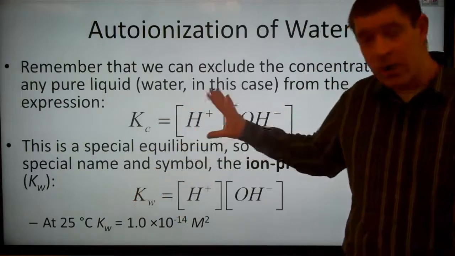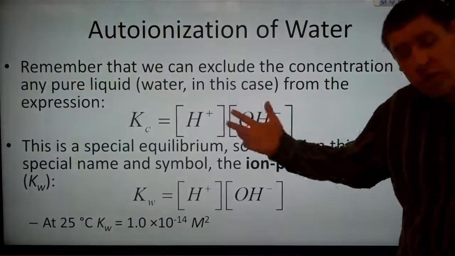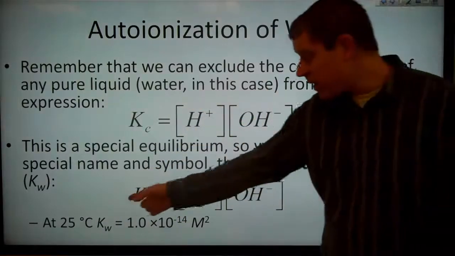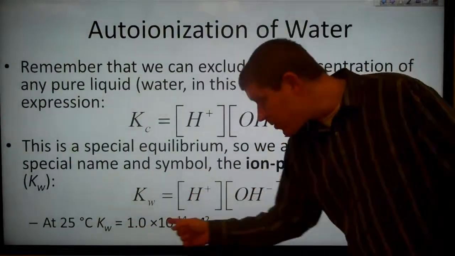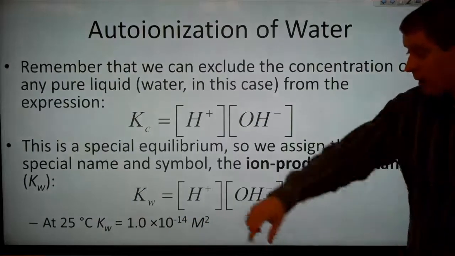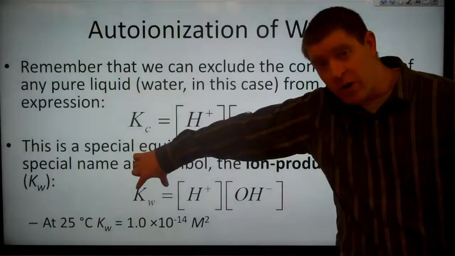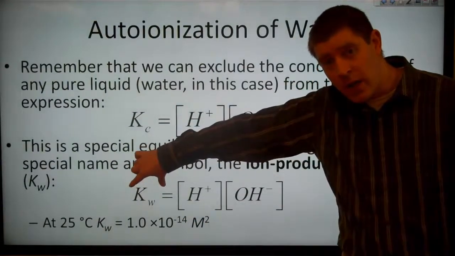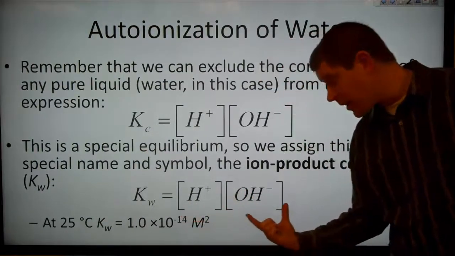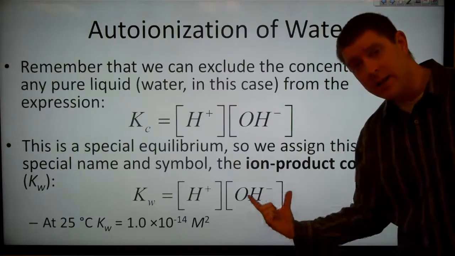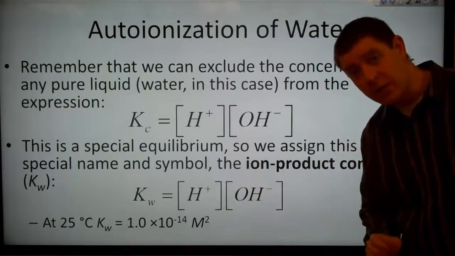Generally when we're talking about acids and bases, we assume that we're dealing with them at 25 degrees C unless we specify otherwise. And that means that this value, 1.0 times 10 to the minus 14, you should be able to plug in to this side. And that means that now the concentration of our hydrogen ion times the concentration of our hydroxide ion is a constant, at least if we keep the temperature constant.